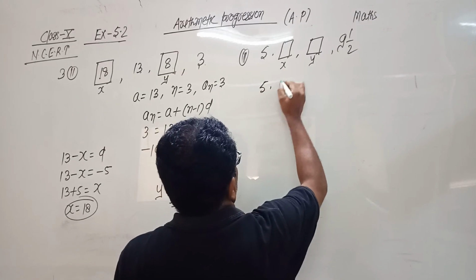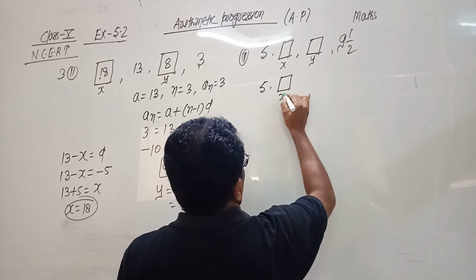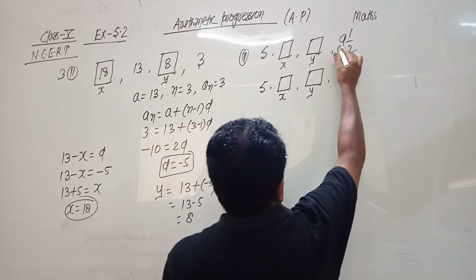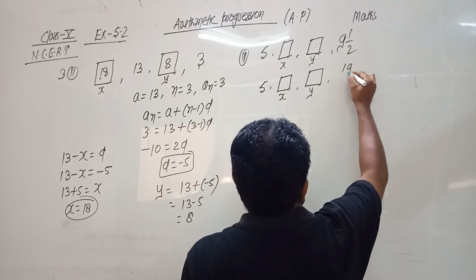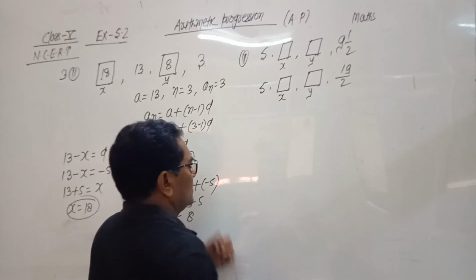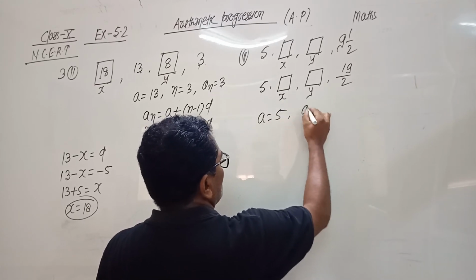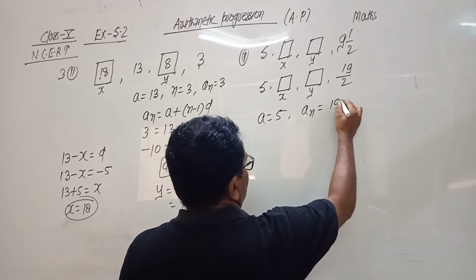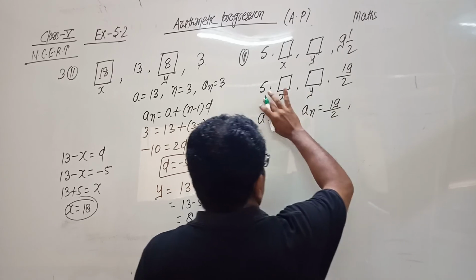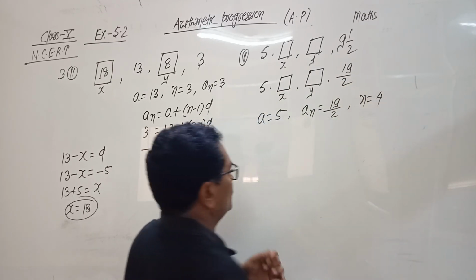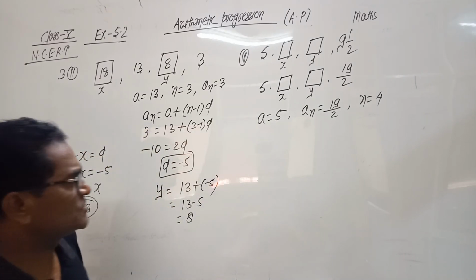So we can write it this way: 5, x, y, and then 9 into 2, 18 plus 1, 19/2. So the value of a is 5. The value of the last term a_n is 19/2. And the number of terms is 4. The value of n equals 4. There are 4 terms.